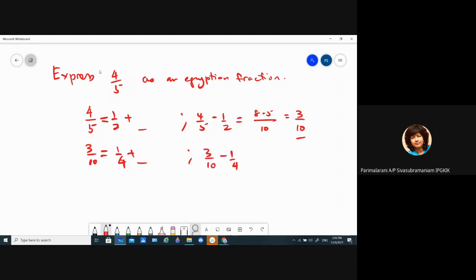If I use 1/3, 3 times 3 is 9. 9 is less than 10. So I can't use 1/3. That's why I must use 1/4.